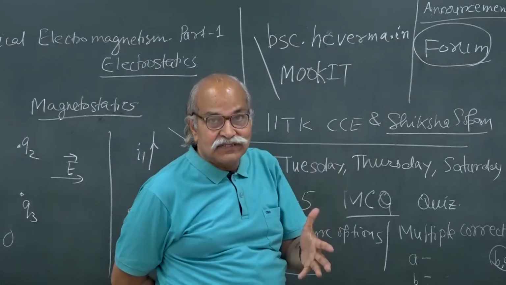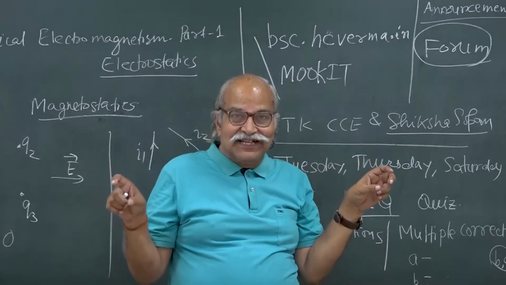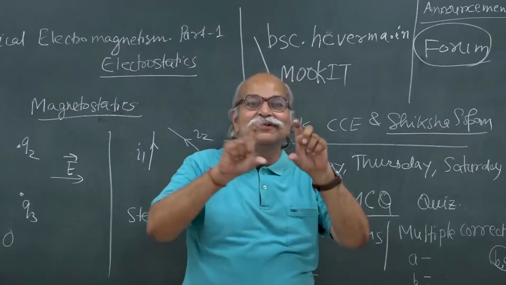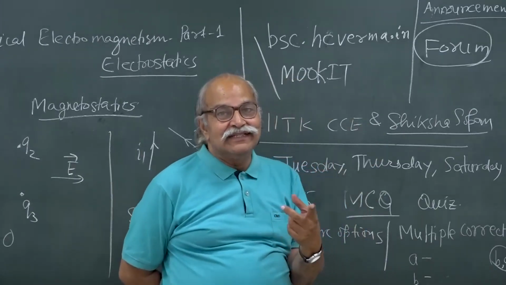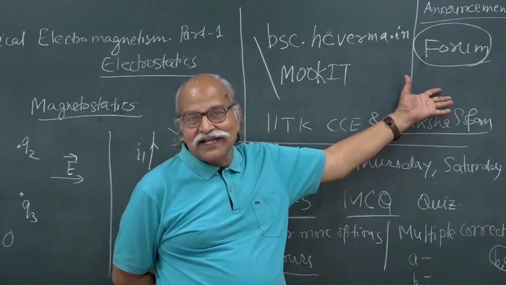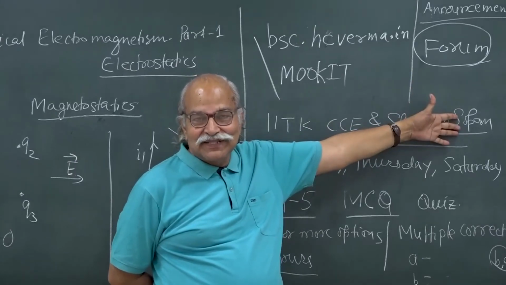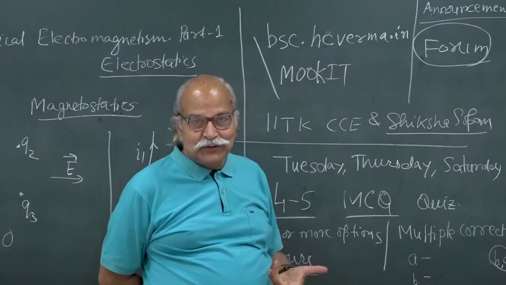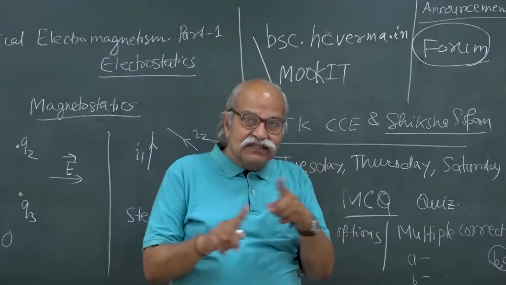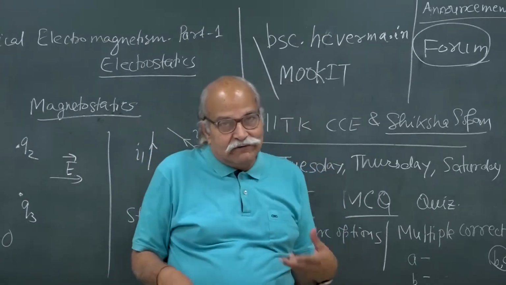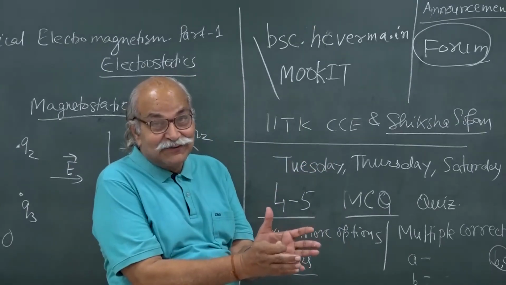If you are asking a question, we say that you have created a forum post. If you have initiated, you have put your question there, you have created a forum post, and then anyone who wants to comment on that, reply on that, can reply there, and that reply will appear there. So you can also reply to others' posts. This way the discussion will go on, and I will also be occasionally looking at this discussion forum.